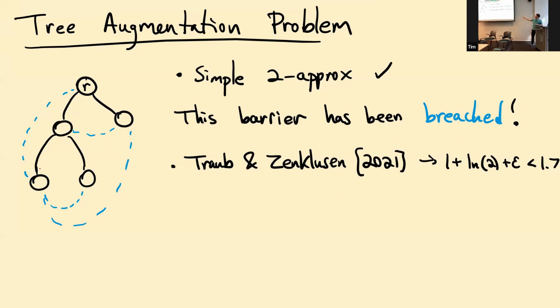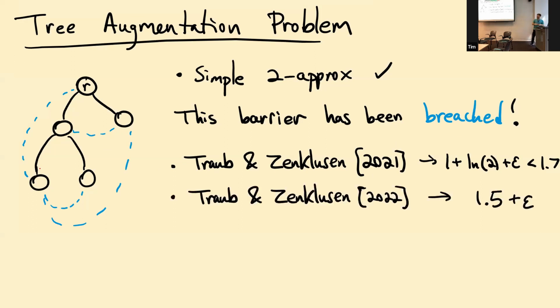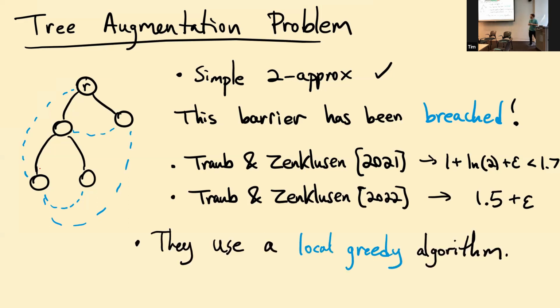They got 1 plus ln 2 plus epsilon, and then very quickly afterward brought it down even further to 1.5 plus epsilon. They use what's called a local greedy algorithm, which I'll go into a bit more later. This was a major result, and the question we were interested in is: can we use their new ideas to improve upon network design problems and get improvements?